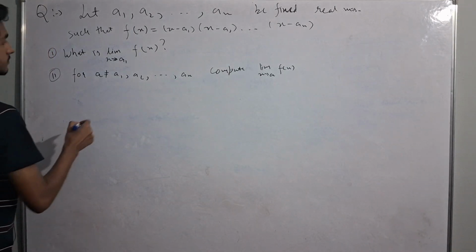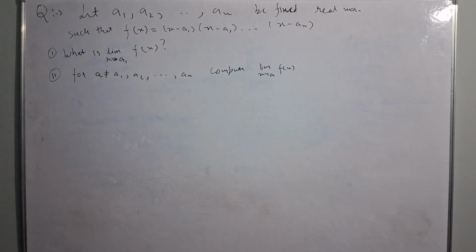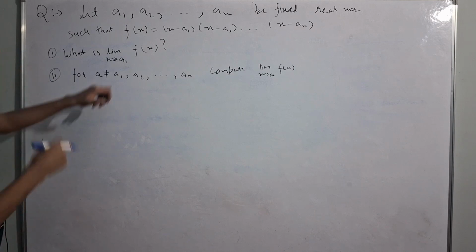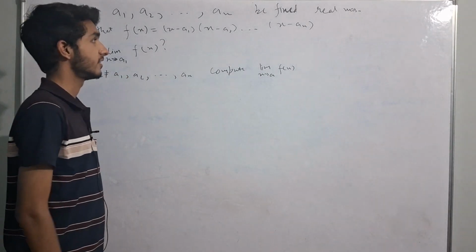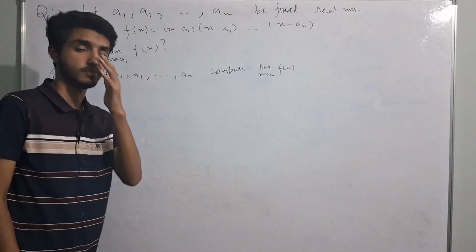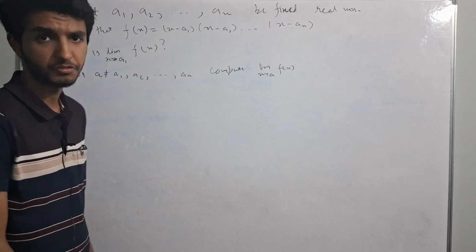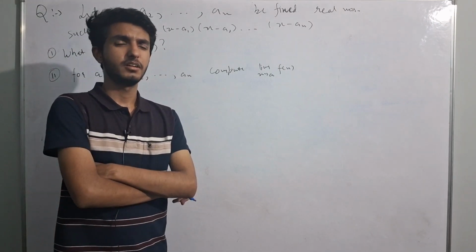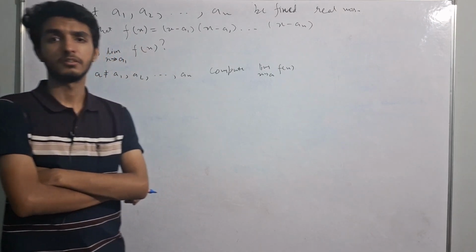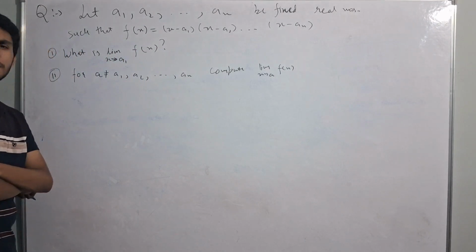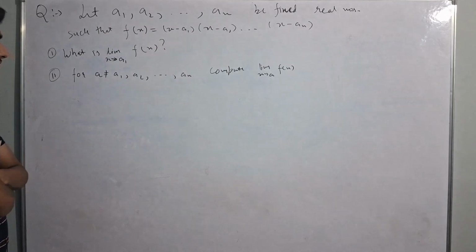So yeah, if you put the value of x directly as a, you cannot get any indeterminate form like I discussed in the previous video. We are not getting infinity into infinity or 0 by 0 or infinity by infinity form. So we can just directly put x equal to a1.